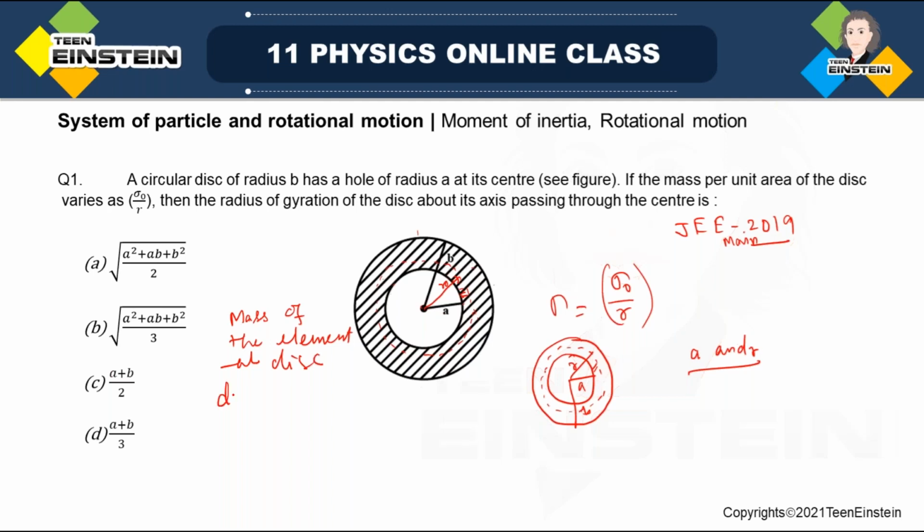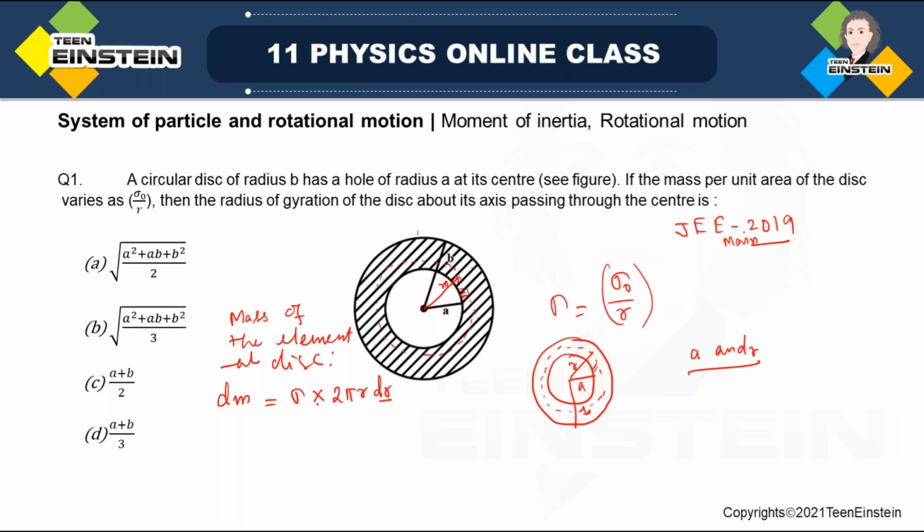Suppose it is dm. It can be obtained by sigma into the area of the elemental disk, that is 2 pi r, and it has a thickness dr. This always will have some thickness, so it is dr. So basically I should have told you that I have considered a disk of radius r having thickness dr. So this is the mass.